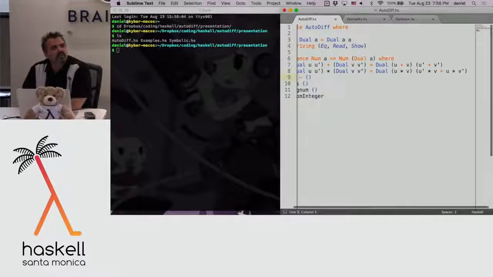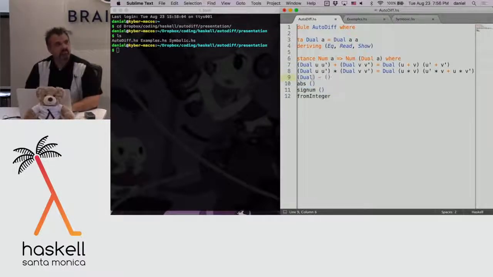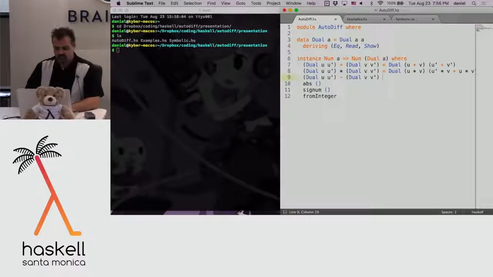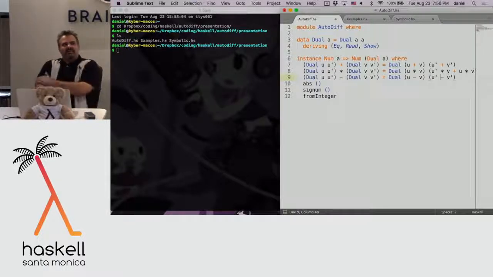Let's keep going. So how would we implement minus? Yep. And fortunately, since all of these are numbers, subtraction using negate has a shortcut, right? So what we're doing here, what is this minus? Remember, this minus is the Num instance for A, whereas this minus is the one we're defining.